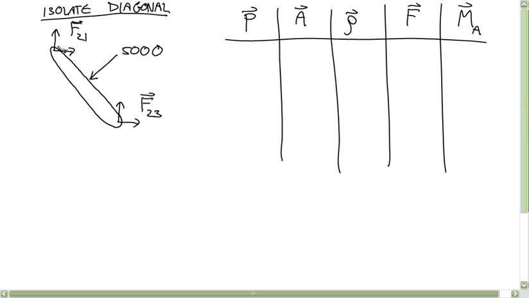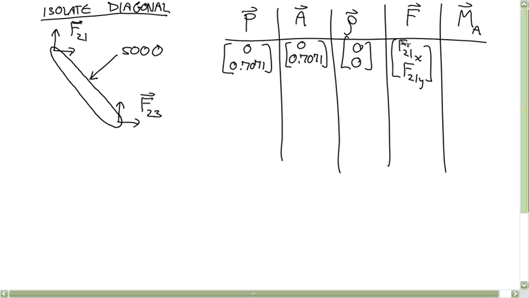As the about point, I'm choosing this point where F21 is applied. Remember, for each body that you isolate, you can choose independently what your about point is. It looks like I chose the same one maybe for all 3 of those, but you don't have to do that. So let's start with the force at that point. It's located at 0.7071. So rho is 0. The force is F21x, F21y. So no moment.